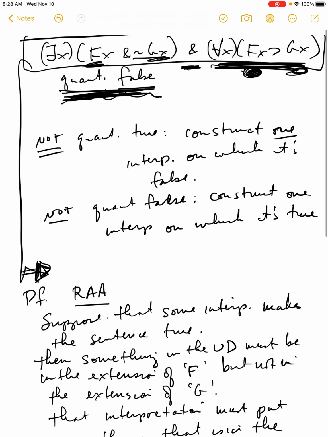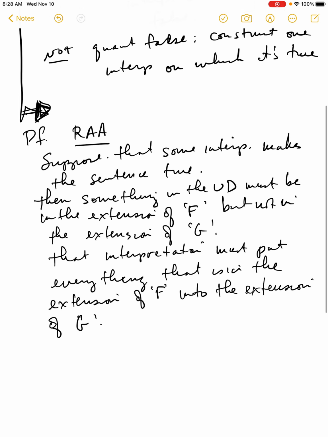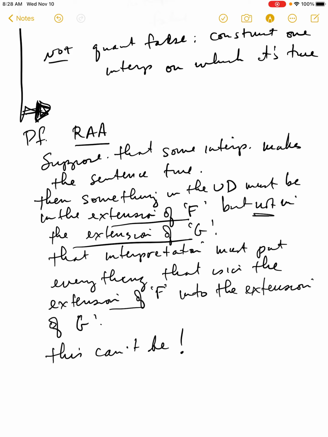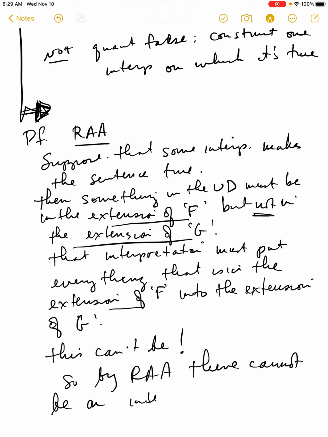Because what it says is everything that's F is G. But wait a minute, how could it be the case that there's something that's in the extension of F that's not in the extension of G, but at the same time, everything that's in the extension of F is in the extension of G? So there's our contradiction. This can't be. So by reductio ad absurdum, there cannot be an interpretation that makes the sentence true.